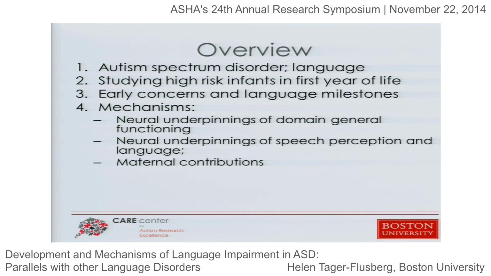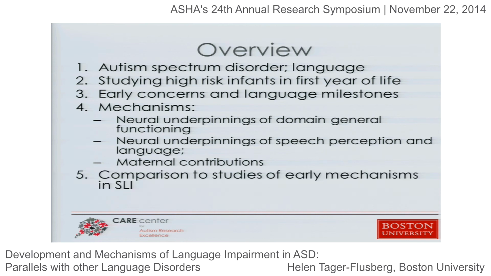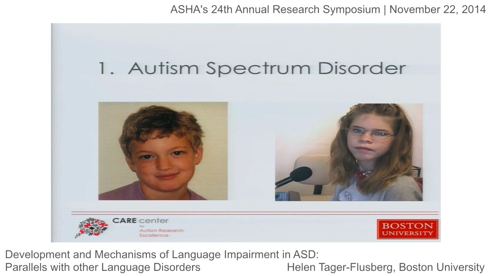These are sort of risk mechanisms. And we'll talk about the neural underpinnings of domain general functioning, speech perception and language, and then also potentially maternal contributions to later language and/or autism outcomes. Then I'll talk about comparing the studies of early mechanisms and risk factors in autism to those in the extant literature on SLI, and finally come to some conclusions.